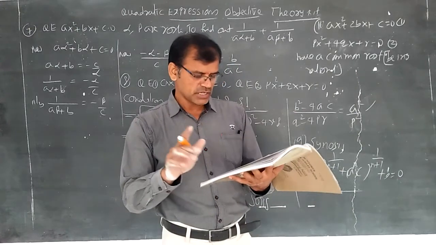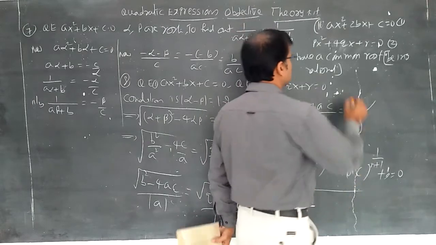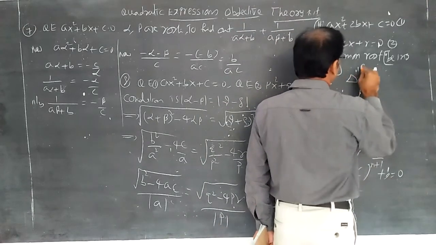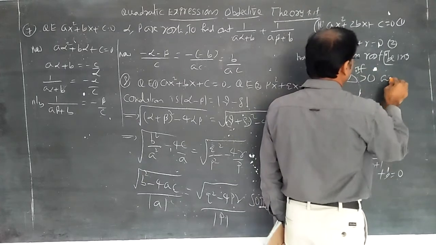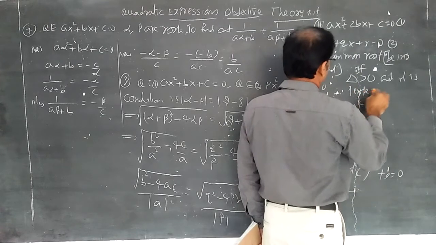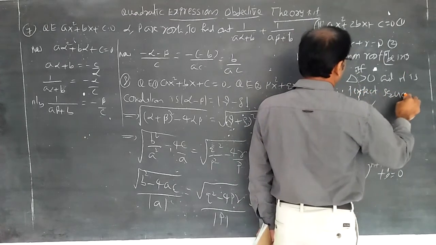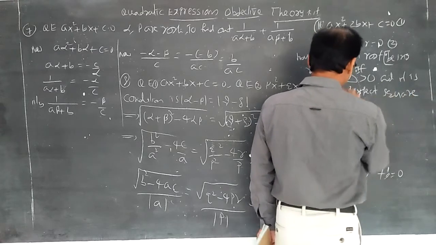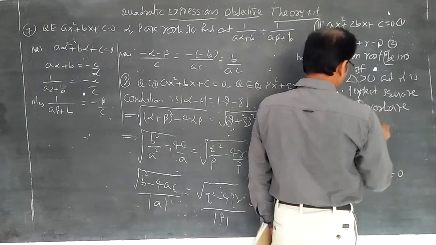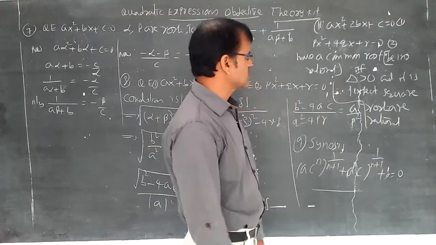Then consider b square minus ac and q square minus pr. The theory we know: if delta is greater than 0 and it is a perfect square, roots are rational. If it is not a perfect square, roots are conjugate compulsorily.